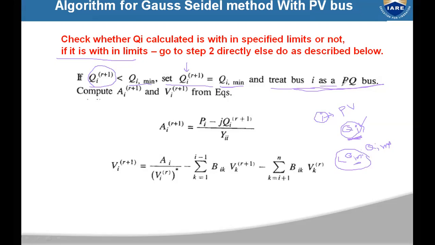Then you have to treat that PV bus as a PQ bus, and proceed the calculation as in a PQ bus.